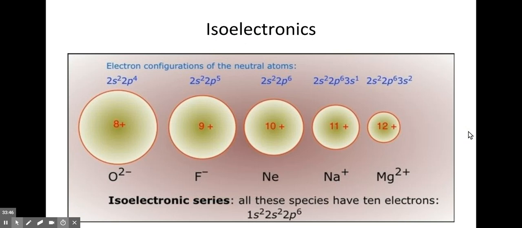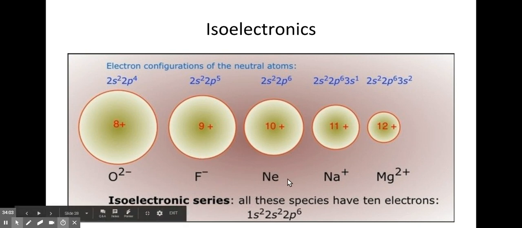Now, the last thing that we've got in this video is, again, I'm going to go back and mention what the term isoelectronic means, because in a question they may just ask you which of these elements or ions are isoelectronic. You need to know what that means. It means that these particular elements or ions, once they've been turned into ions and their electron configurations have been changed like we changed them before, notice in their atomic neutral states, they have different electron configurations.